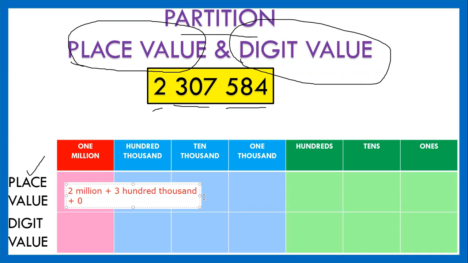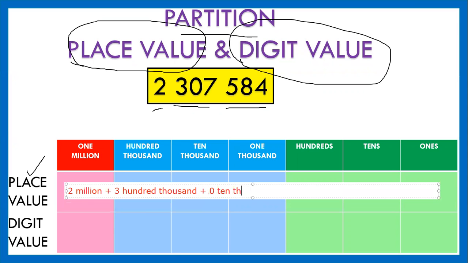Then the next house is 0. So 0, yes, we mentioned the 0. 0 what? 0, 10,000. So there is a value in the 10,000 house and the value is 0. 0 carries the value of nothing, but there is a value there. It doesn't just disappear. So we have got the 10,000 done.